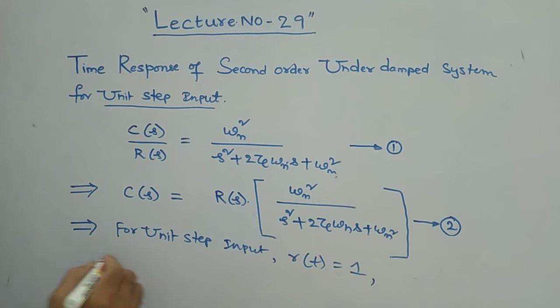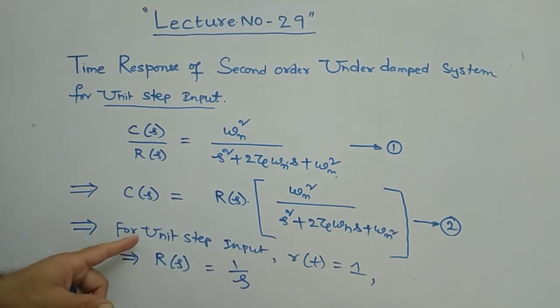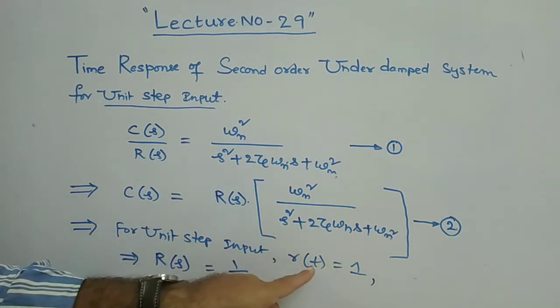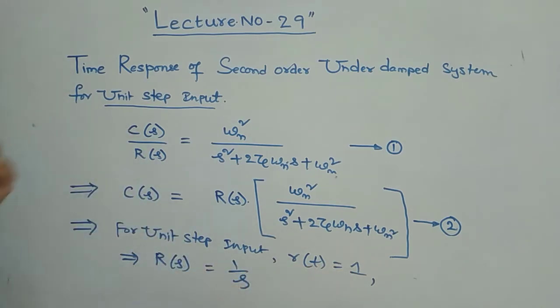Take the Laplace transformation: R of t becomes R of s, and 1 becomes 1 by s. This I have already explained, so please refer to our previous presentations, where you will get the information about this. Therefore, now R of s is equal to 1 by s.